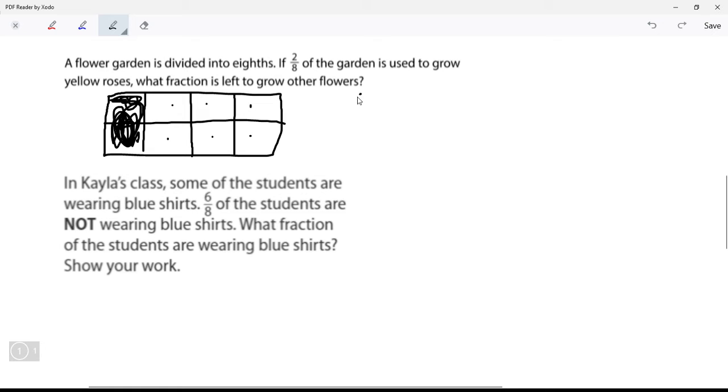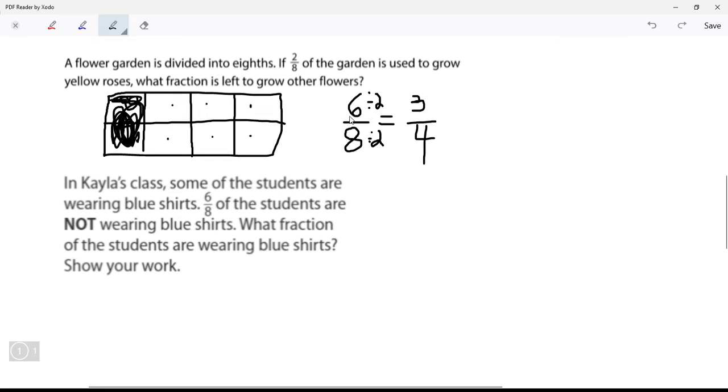So the answer is going to be 6/8, which, as we know, has a common factor of 2, so it actually becomes 3/4 by dividing both top and bottom by 2.